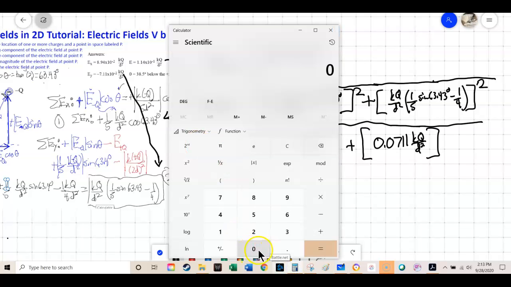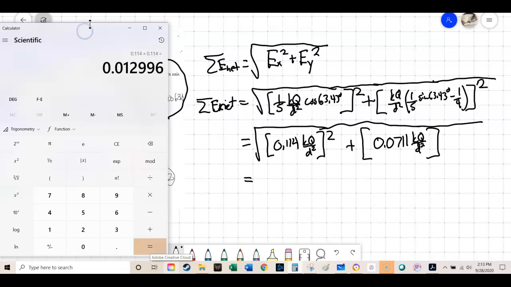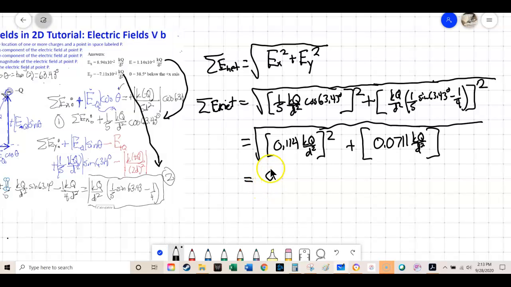So 0.114 times 0.114, that's 0.0129. Actually, I'm going to pull the kq out.